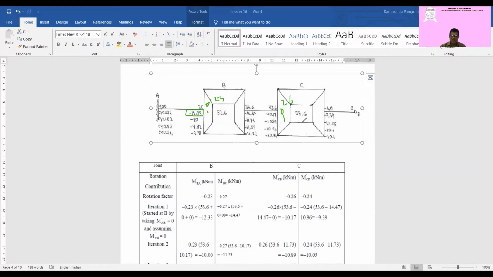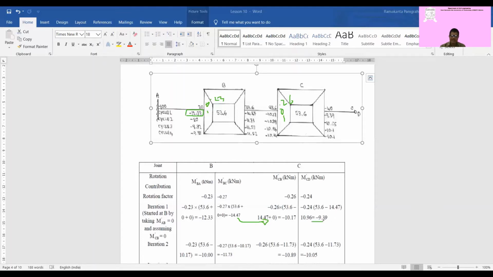The rotation contribution from this side is 0. From this side we have the value minus 14.4. So this value will come here. Similar calculation will be here with minus 0.24 and the value remaining the same in the bracket.